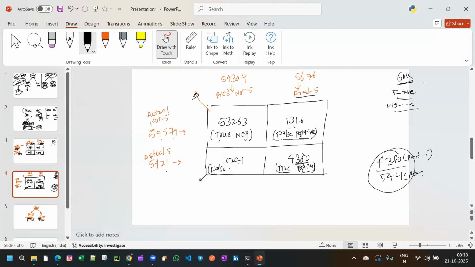So they are predicted as not 5. Why am I saying negative? Because it's a not-5 prediction, a negative prediction, and it's a false prediction too. False negatives. So: true negatives, false positives, false negatives, true positives. Is that clear, everyone? Anyone have any questions on this confusion matrix?